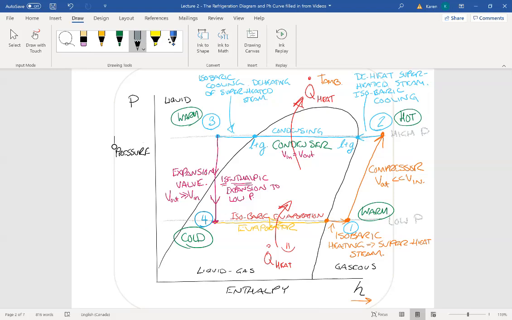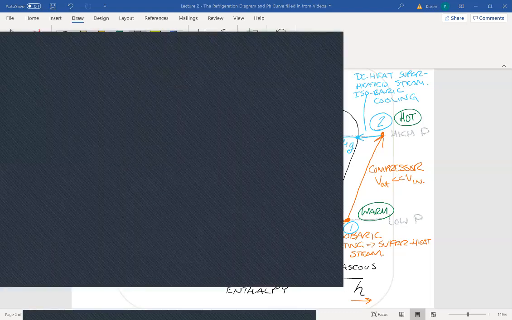Well, a compressor must be compressing something in a gaseous state, so we were able to anchor ourselves at point 1 down here and think through that entire thermodynamic cycle from 1, 2, 3, and 4. And that's the pH curve for the refrigeration cycle.